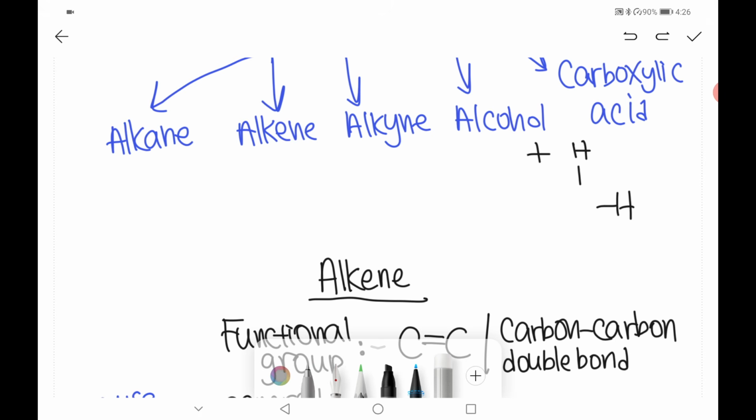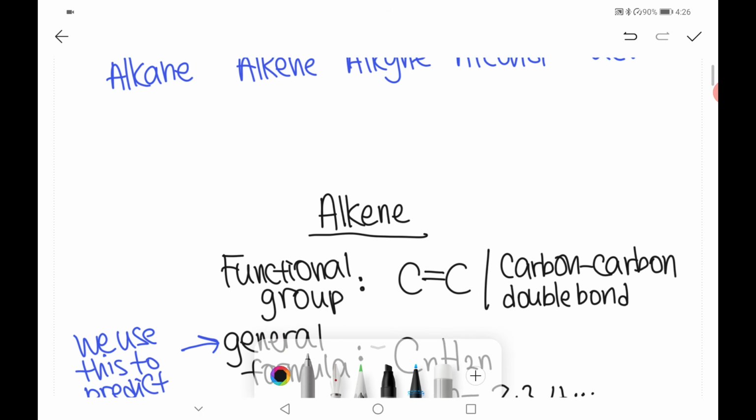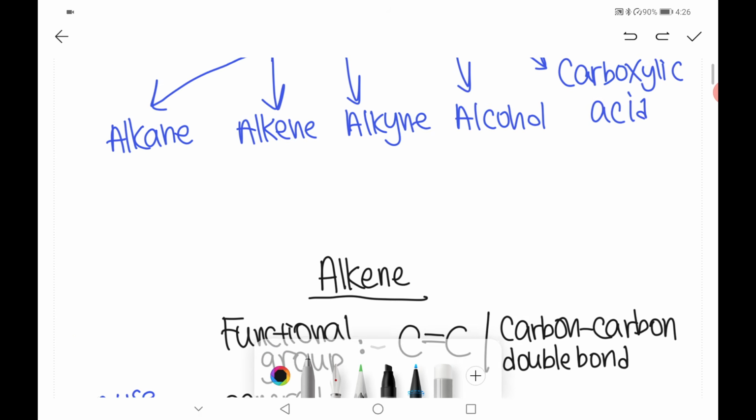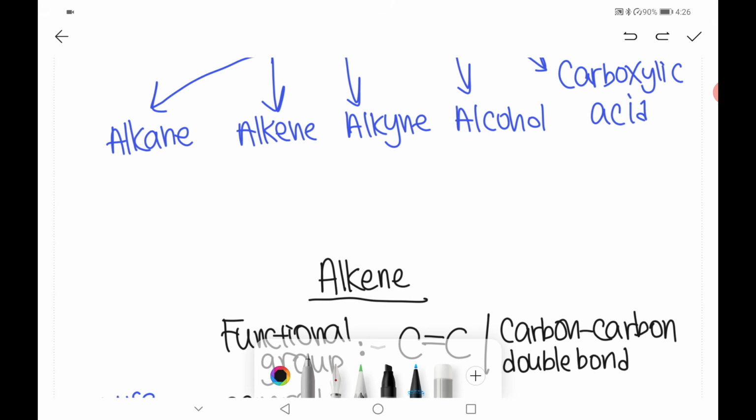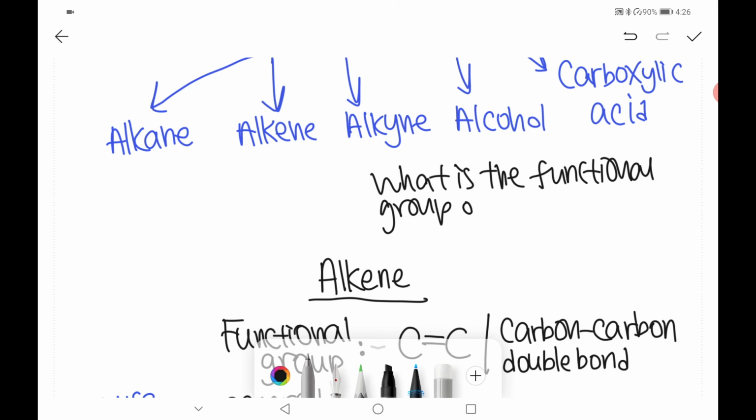Make sure when you answer the question, if the question asks what is the functional group of alkene, many students only write double bond. If you write only double bond, you get 0, no mark at all.